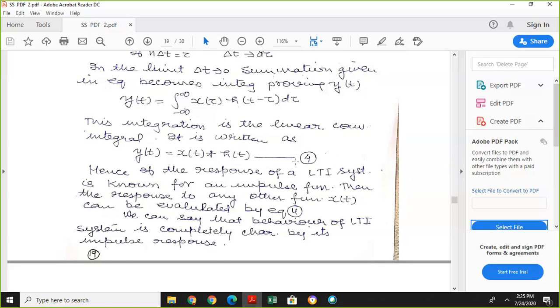Then for any input we can calculate output very easily by convoluting x of t with h of t.